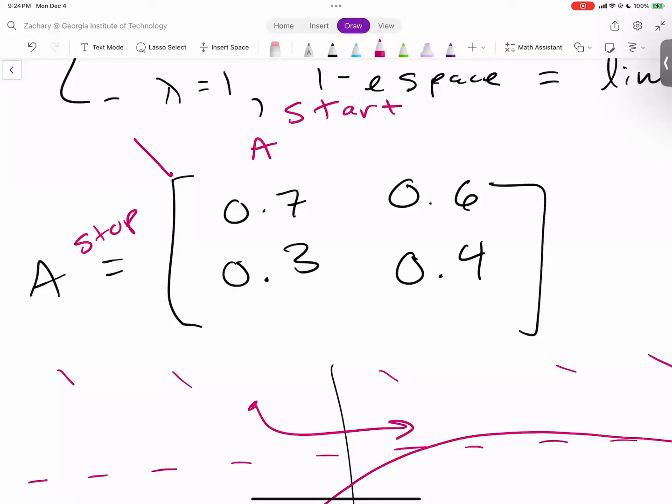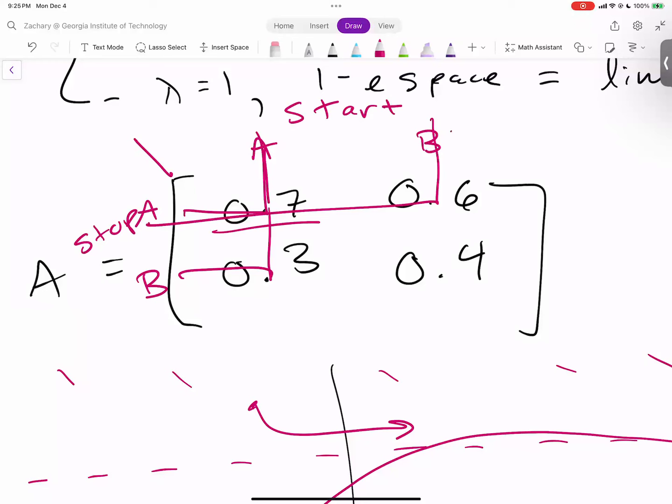This is my A and B, and this is my A and B. So this number represents that 70% of people that start in A end in A. 30% of people that start in A end in B. 60% of people that start in B end in A. 40% of people that start in B end in B. That's how I read a stochastic matrix.